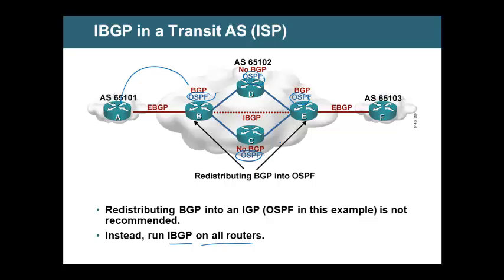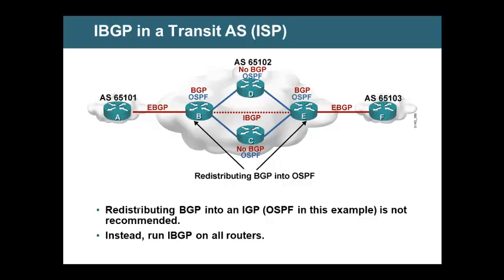So let the IGP protocol OSPF take care of the internal network and BGP take care of the external network. So the updates of A are carried to B, C, D, and E by BGP, not by OSPF. OSPF is just providing reachability between the B, C, D, and E networks only. Is this clear?